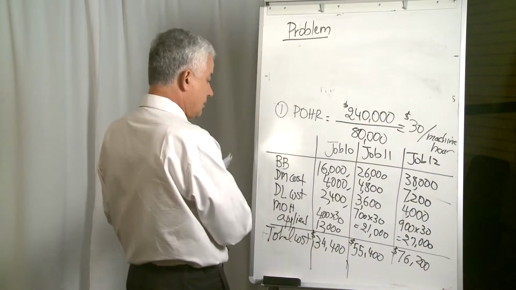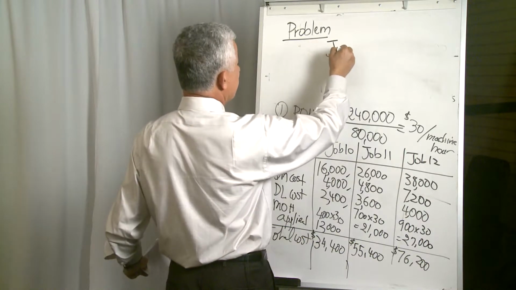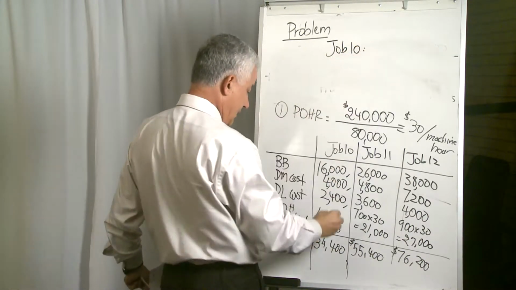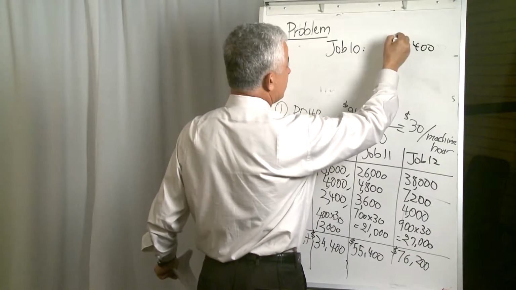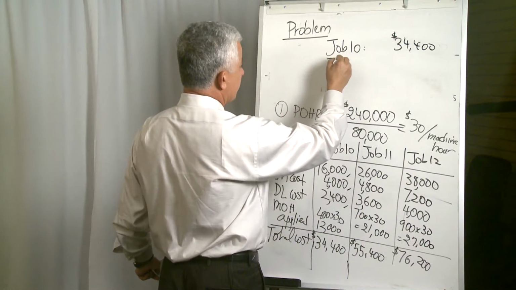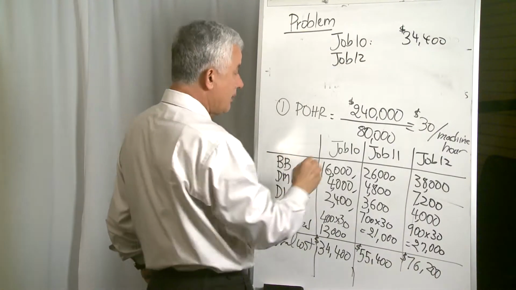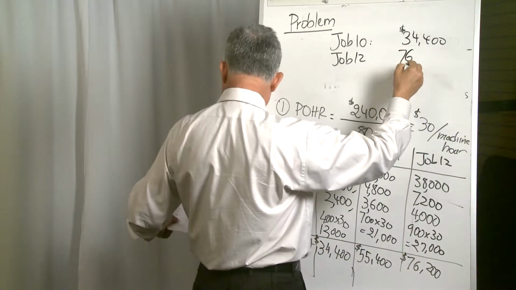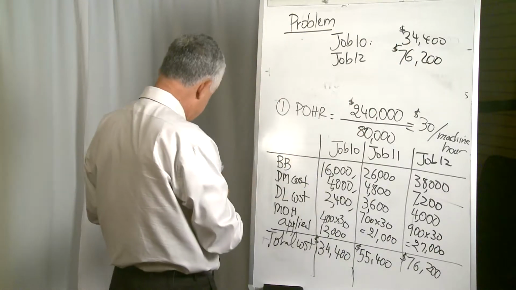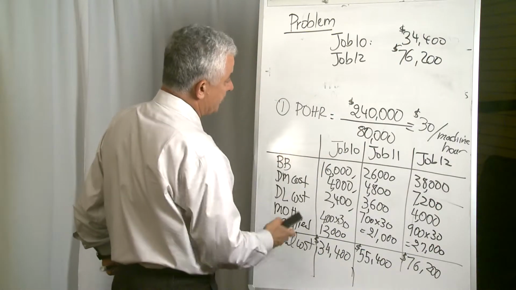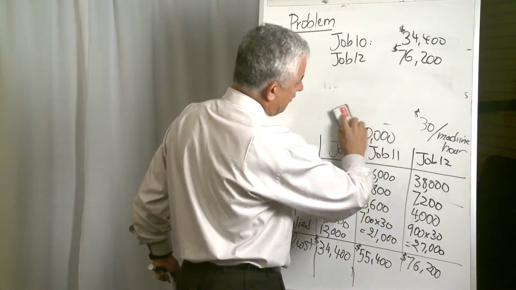Okay, so the total cost for job 10 is 34,400, and job 12 is $76,200, and they're telling us that these jobs were completed. If they are completed, then what should happen to them?